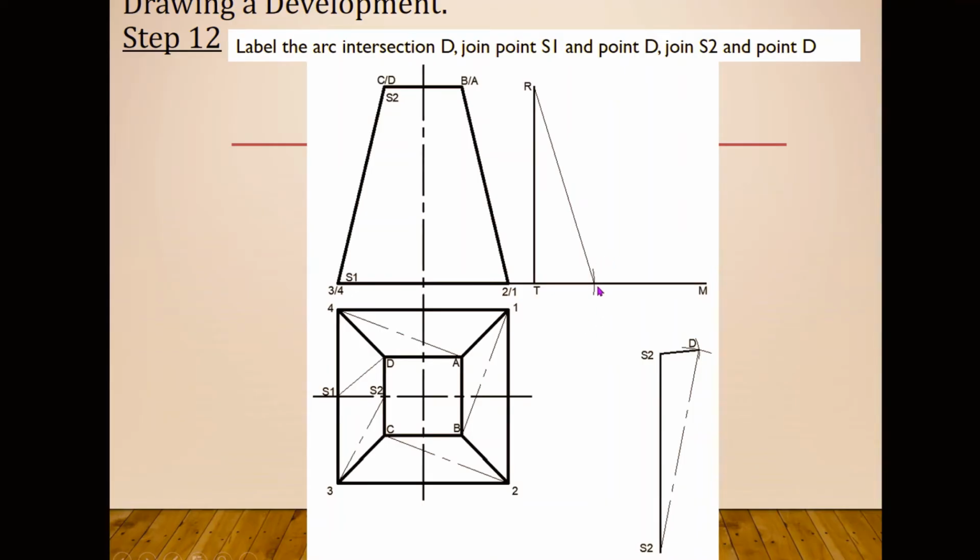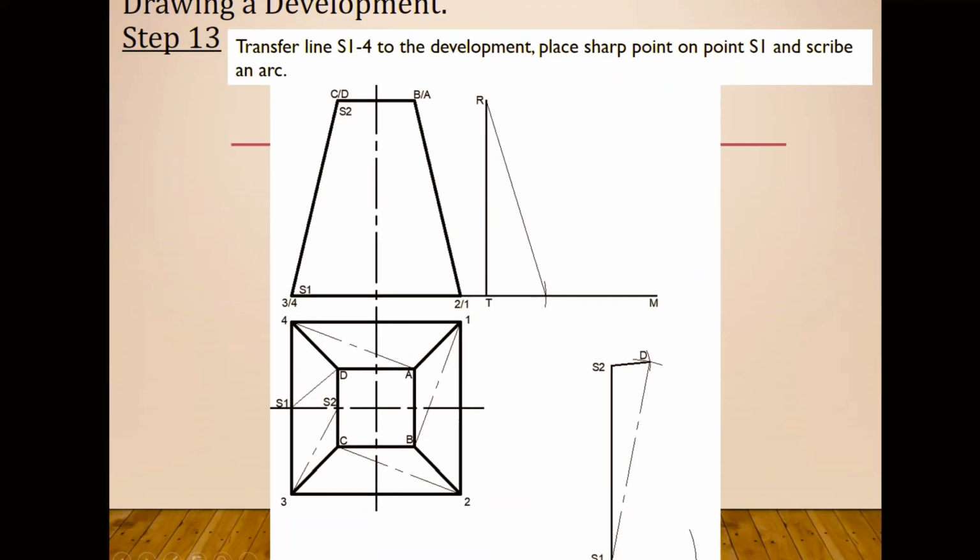You take the measurement of S1 to D, place your sharp point at S1 and scribe an arc. Where these two arcs intersect, you get point D. Then you draw a line and you draw another line.